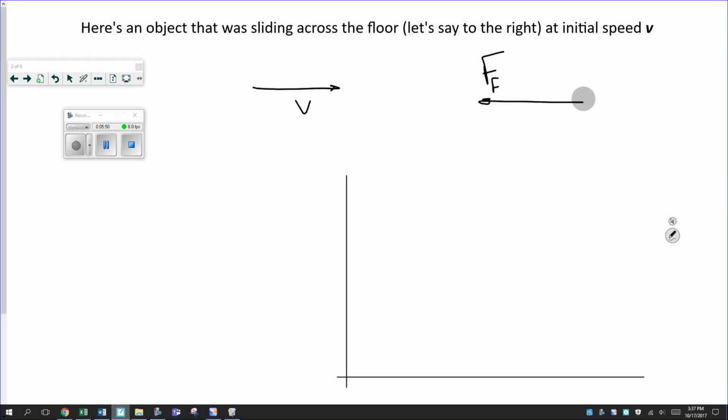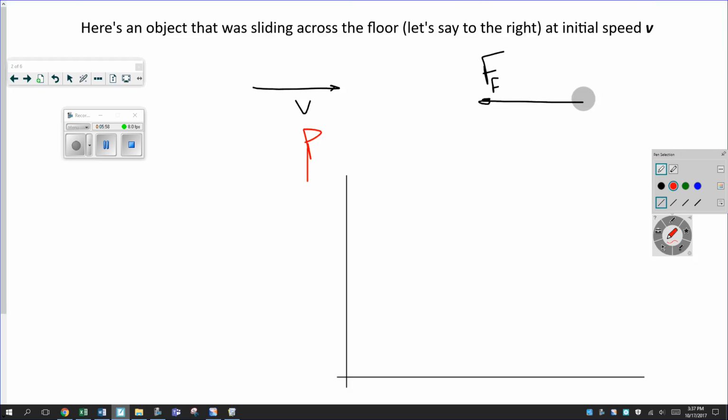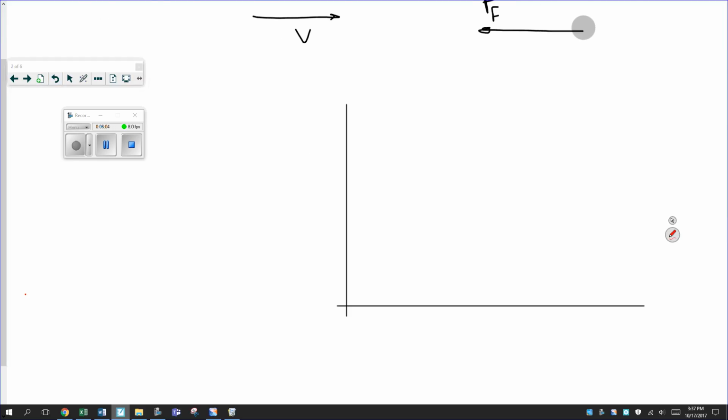And so if we look at a graph of, in this case, momentum as a function of time, this would do something like this.